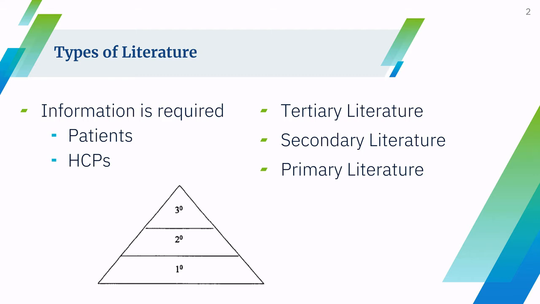Different types of literature sources supply the information needed to answer the drug information request. These sources include tertiary, secondary, and primary literature. However, the request should be clarified and classified before the search can be initiated.